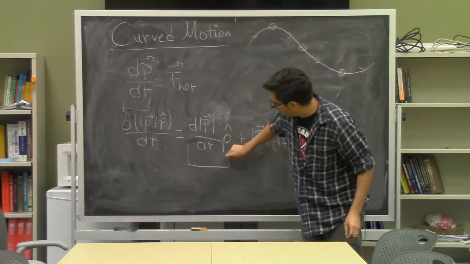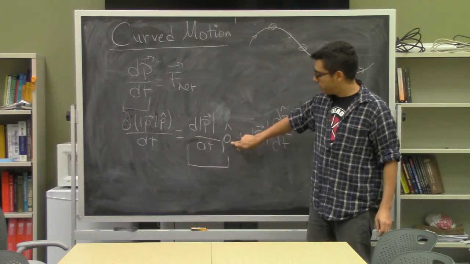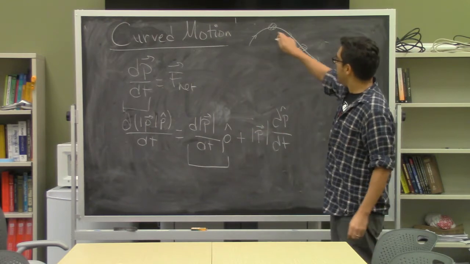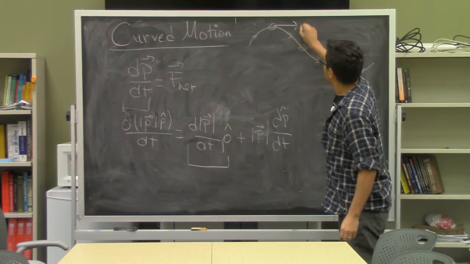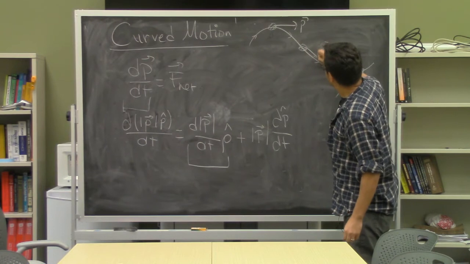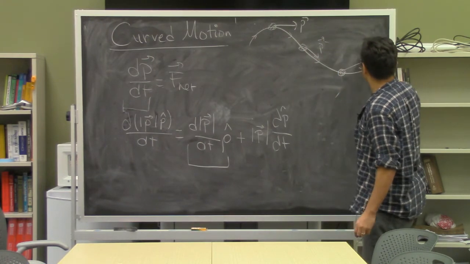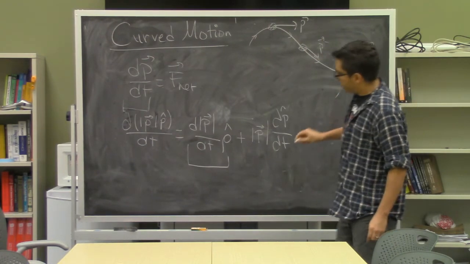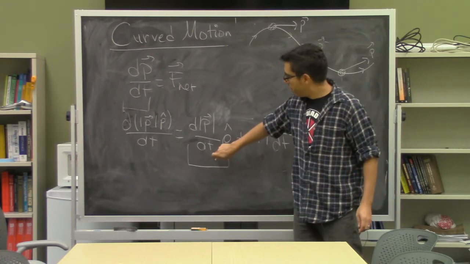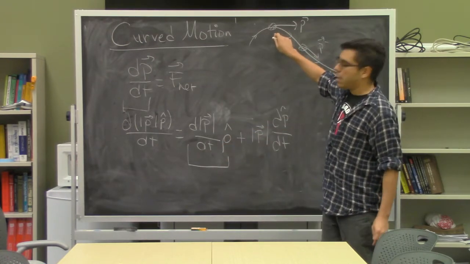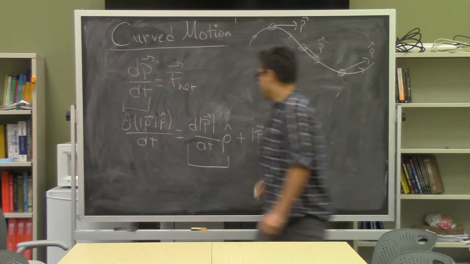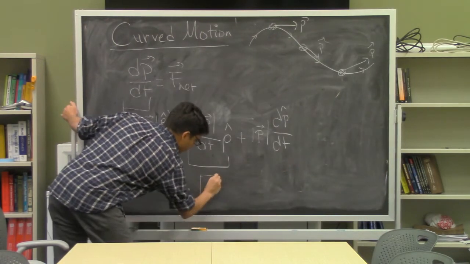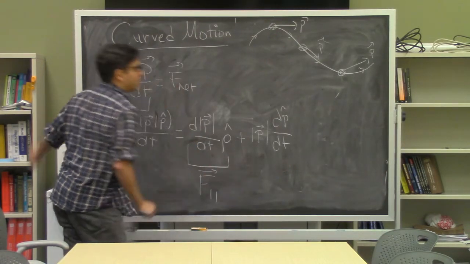This first part is in the direction of the momentum vector. So that means if we're looking at an object that's moving through a trajectory and it has some momentum that is changing, there is a component of the rate of change of momentum which is in the direction or opposite the direction of that momentum vector. This part right here is related to a parallel component of the net force.